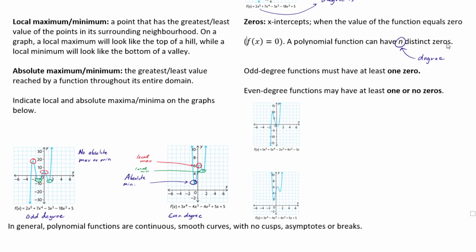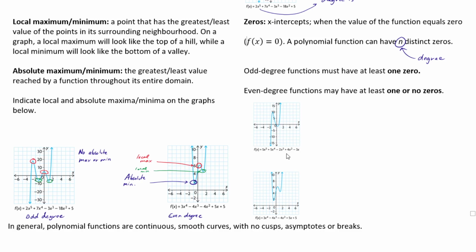If you have an odd degree function, you must have at least one zero. That's because all odd degree functions will pass through the x-axis at least once. Even degree functions can have at least one, but they also have the possibility of not having any, right?